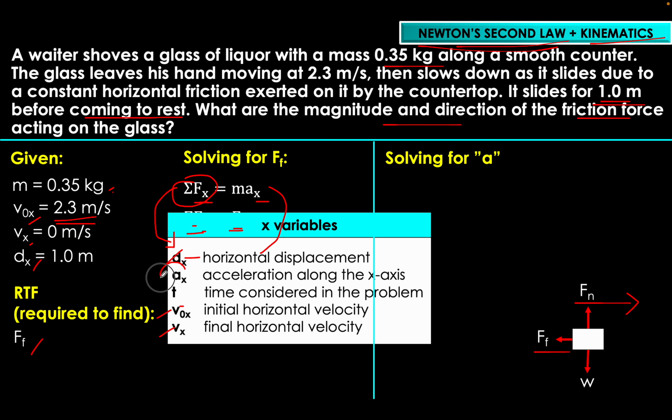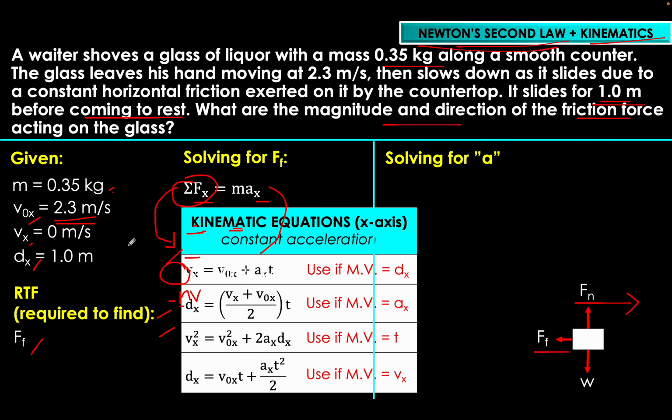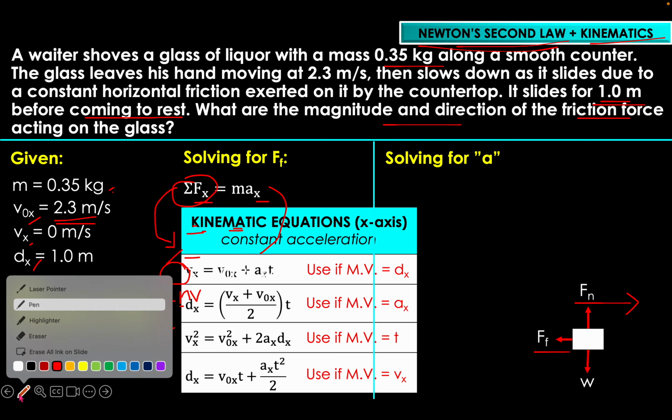Now, we're trying to solve for the acceleration, so we can plug it in the second law equation. And the missing variable here is time, right? When you say missing variable, it's the variable that we're not solving for in the problem, but we also don't know its value. I'm pointing out that time is our missing variable because you have to pick an equation which does not contain this missing variable. So if you look at our kinematic equations in here, just let me clean the board.